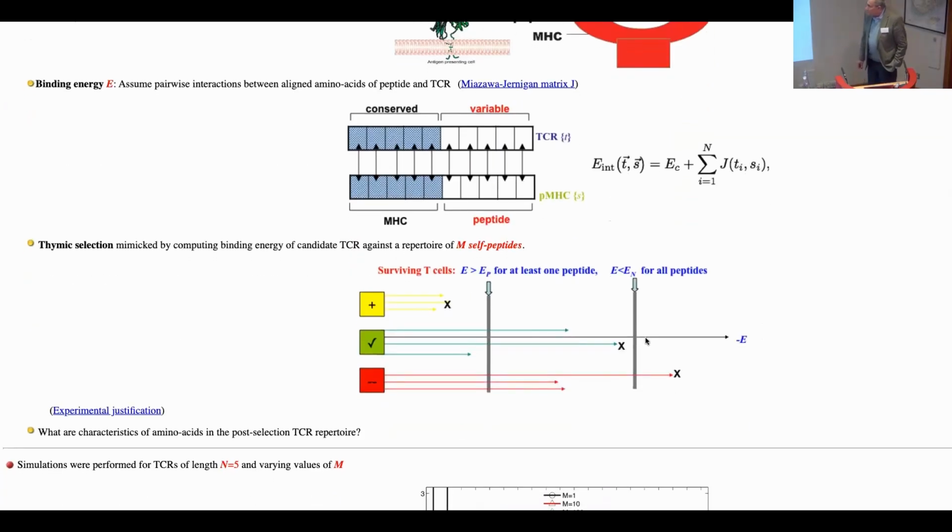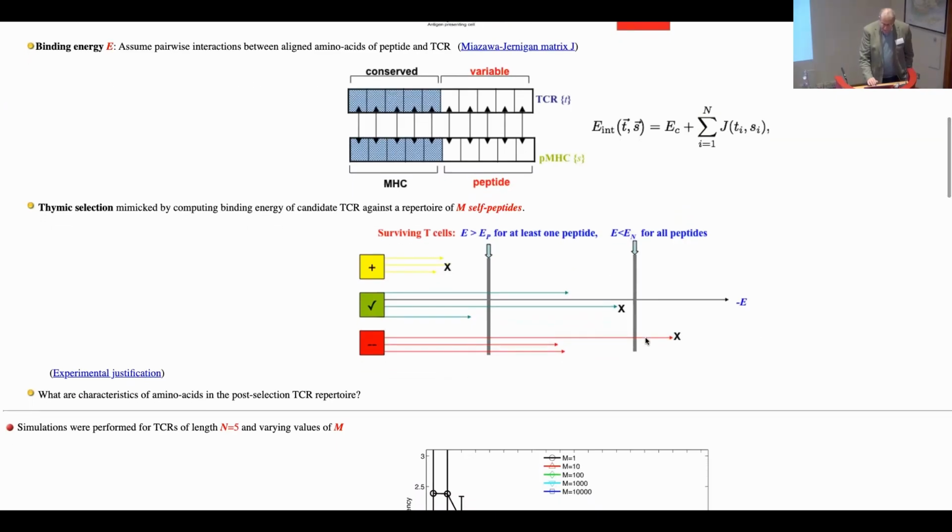And this is actually an interesting problem of extreme values, because what you do, at least in our model, is that we randomly generate a candidate sequence for the T cell receptor, and then we present it with a library of self-peptides.